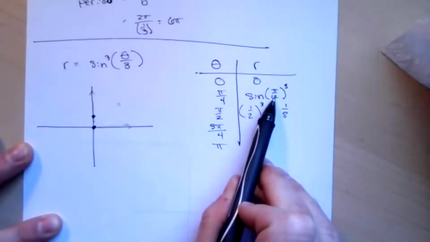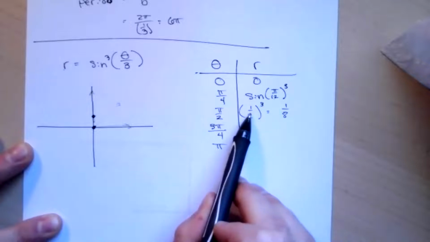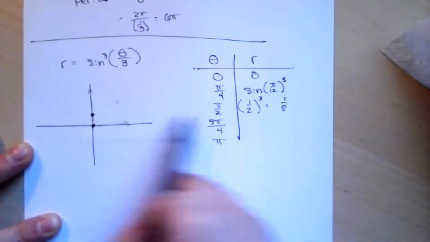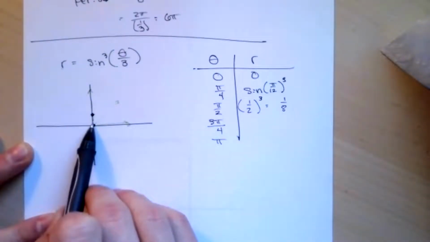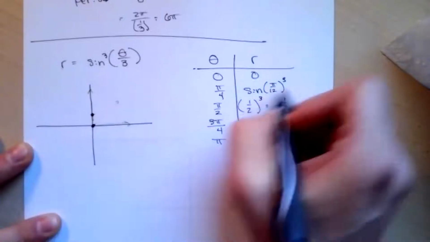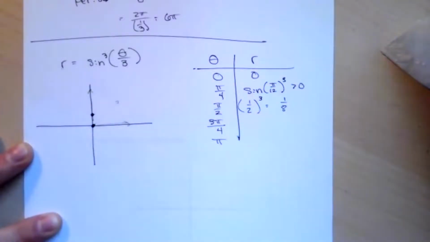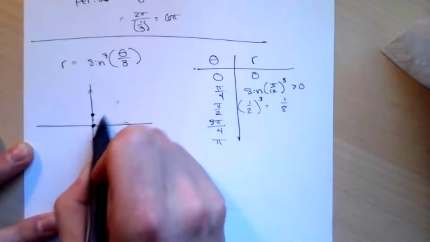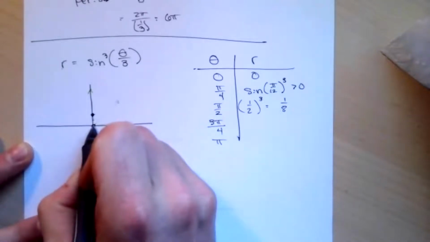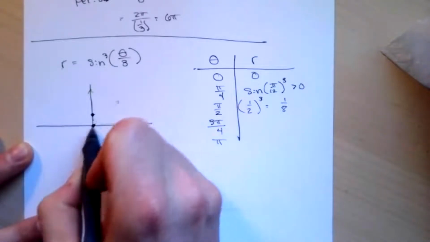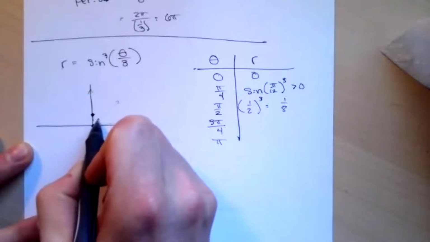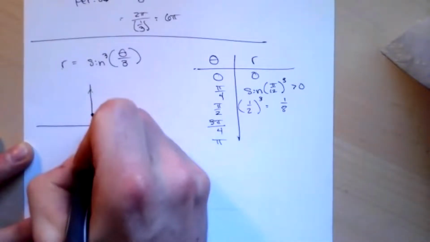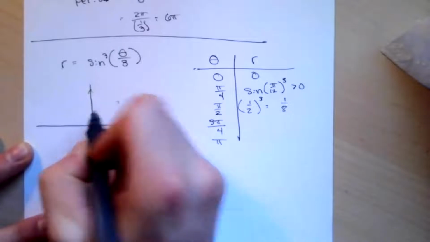So sine of pi over 12 should be less than 1/2, and then we're cubing it, so the distance is going to be smaller than that distance. But we do know it's at least positive as well. So when we're pointing in the pi over 4 direction, I'm going a positive distance in that direction. So it'll probably come out somewhere there-ish, and then the path will go like that.